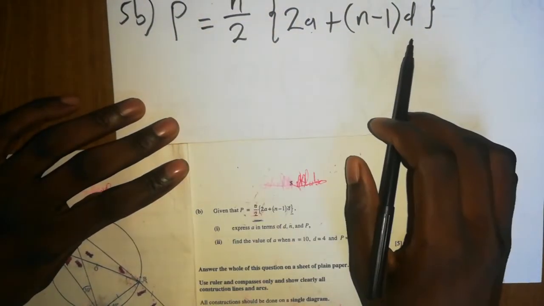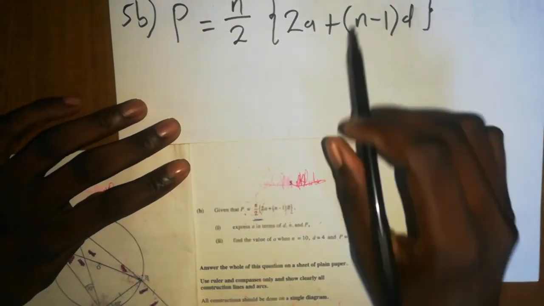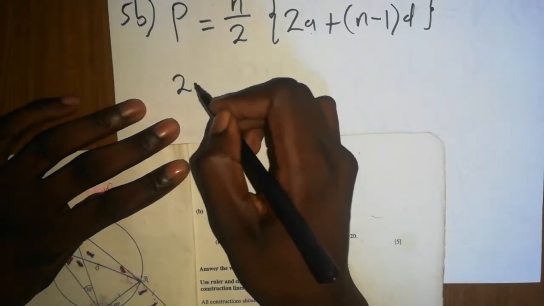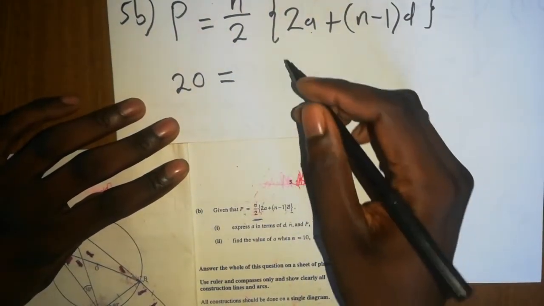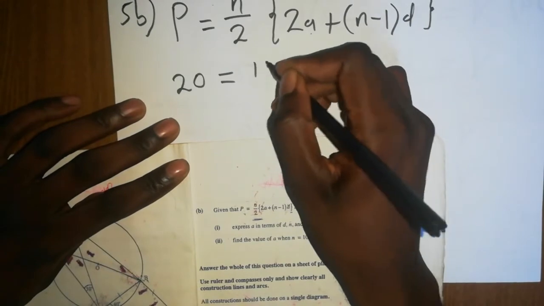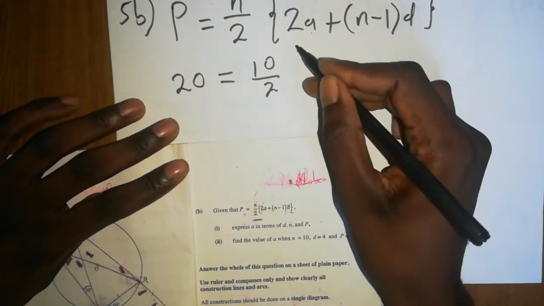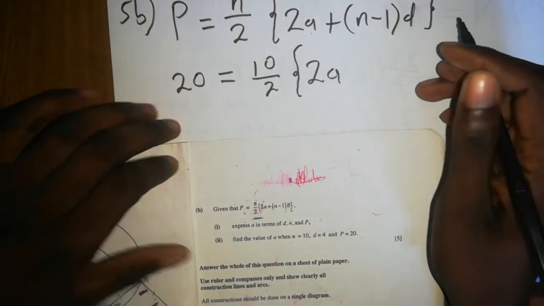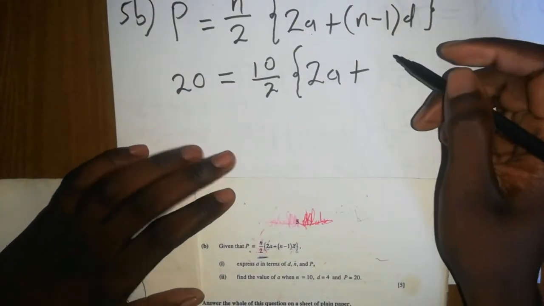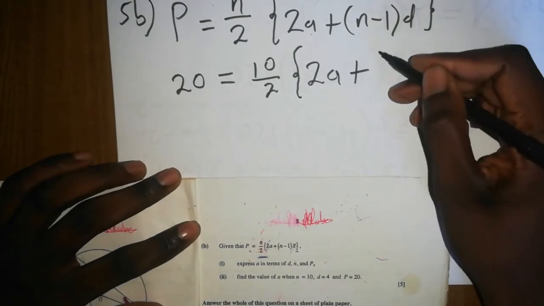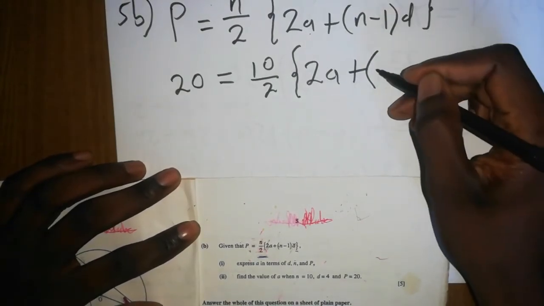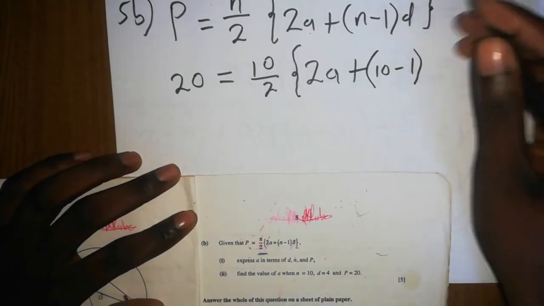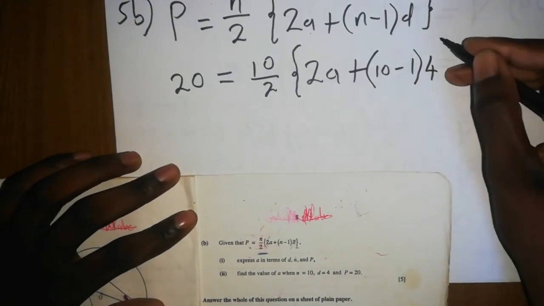So what I know is that every other letter is supposed to be substituted. My p is equal to 20. Then my n is equal to 10, that's over 2. Then now I'm going to put my bracket there. That 2a will remain as it is plus I'm going to have my bracket. My n is 10 minus 1 close. Then my d is equal to 4. Then I'll close there.